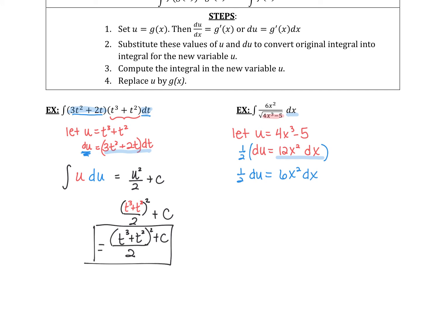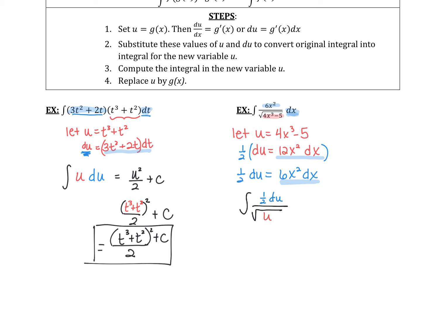So now I have manipulated this so that I have the exact expression 6x squared dx. So really what this looks like, if I rewrite this, this would be the integral of, well, if I replace the blue parts, that 1/2 du, I would have 1/2 du divided by the square root of u.